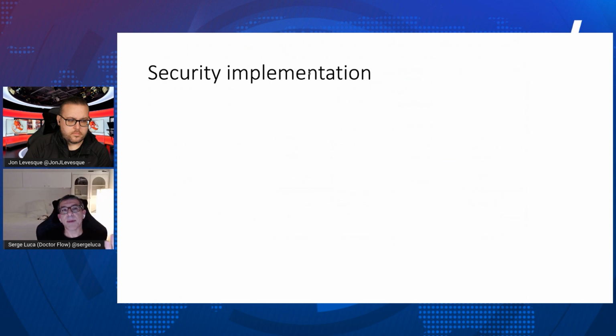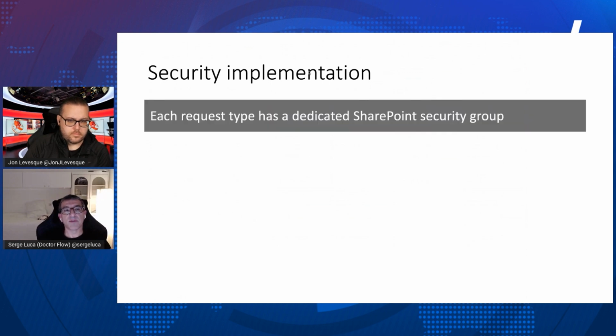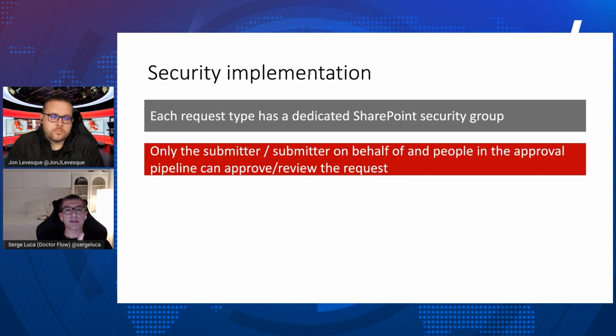But don't waste your time in this. So how did I implement this in the BPM toolkit? The idea is the following. Each type of request needs to have a dedicated SharePoint security group. So you have to define a security group for each type of request. And somewhere you need to specify that your request is linked to this security group. And of course, only the submitter, or of course you can submit a request on behalf of someone, and people in the pipeline, the approval pipeline, can see this request information.